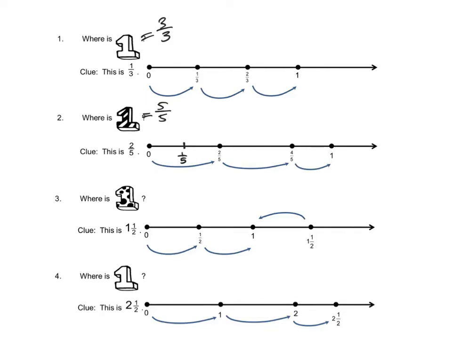I think the only difficult one is maybe 2.5, which is question 4. In order to get that 1 whole, which equals 2 out of 2, you have 2 wholes and 1/2, which equals 5 out of 2.